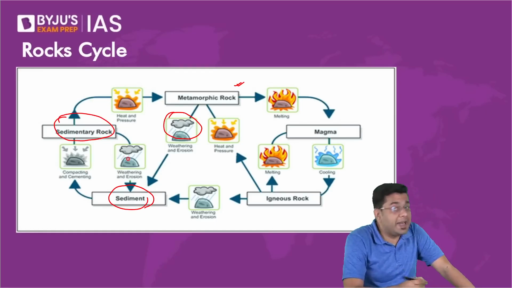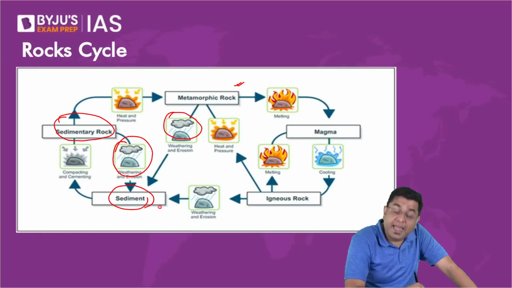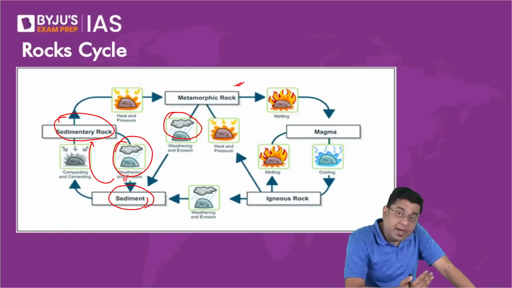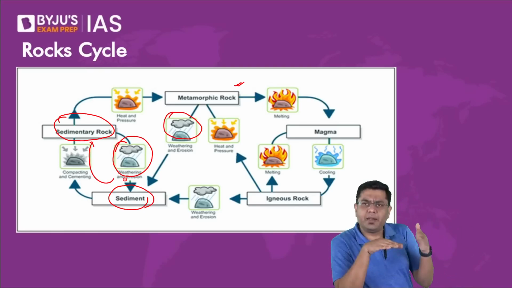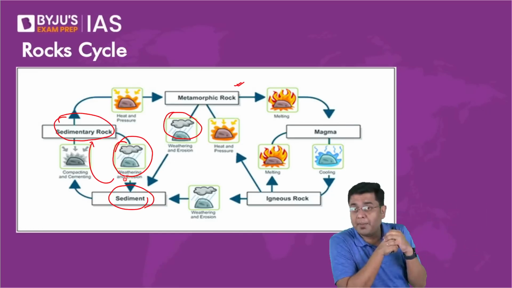That sedimentary rock can again get broken into various smaller parts, and again they can resolidify. In the other way, that sedimentary rock, let's suppose, is present in a region where there's a lot of crustal compression. The crust is experiencing a compression like you observe in the case of the Himalayas.